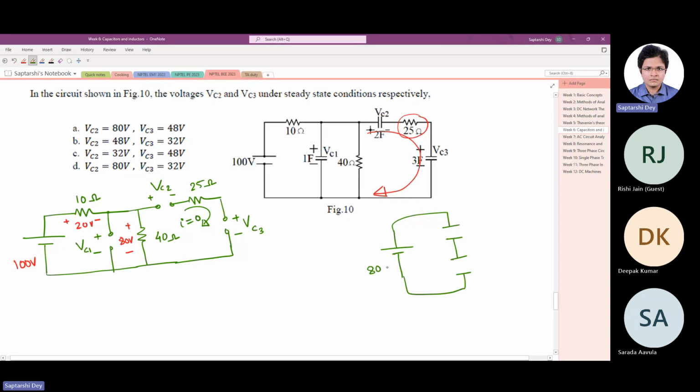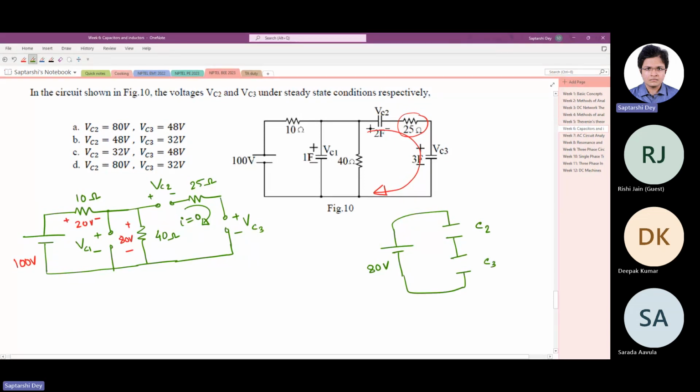Their total voltage is 80 volt. Their values are C2 and C3, then what is the voltage distribution? How much voltage is C2 holding? How much voltage is C3 holding?